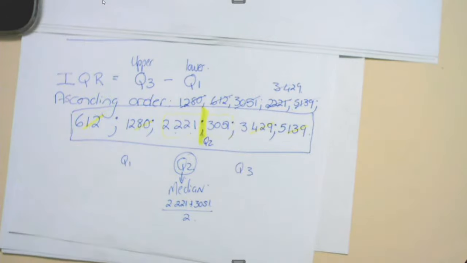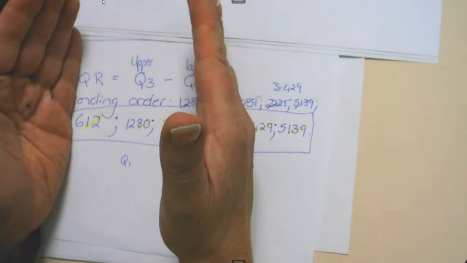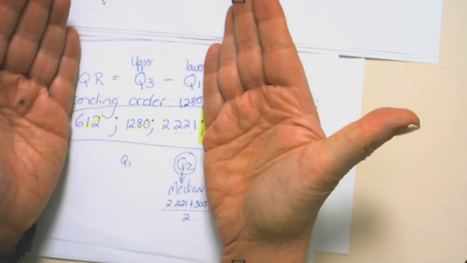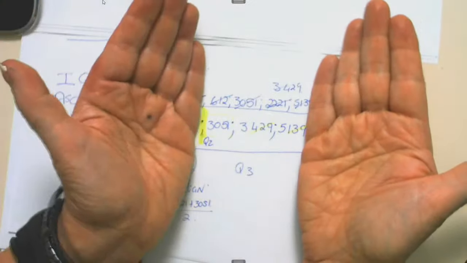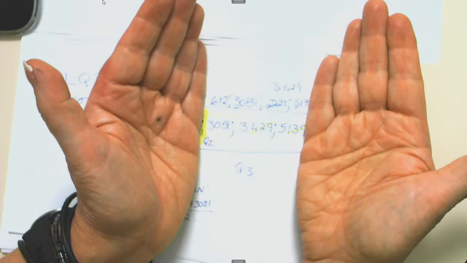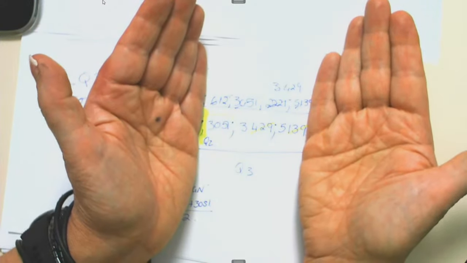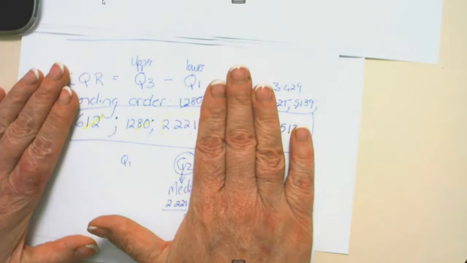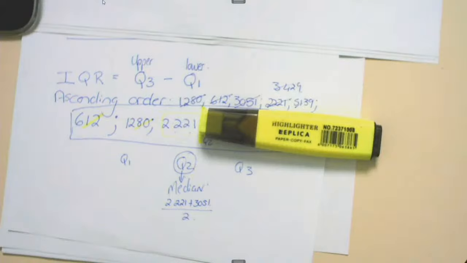Now, if you are going to get Q1, you are going to have to get the middle value of what is to the left of Q2. And to get Q3, you're going to get the middle value of what is to the right of Q2. So here you are left with three values. Let me use another color. There are now these three values.